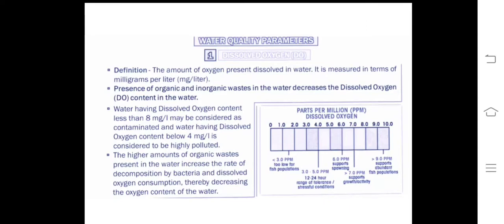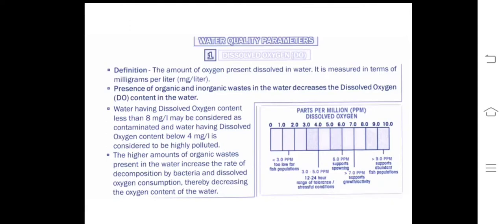Why did it happen? Water having dissolved oxygen content less than 8 milligram per liter may be considered contaminated. If you have dissolved oxygen less than 8 milligram per liter, it is contaminated water. But if you have below 4 milligram per liter, it is highly polluted. That means now organisms cannot survive in this water.